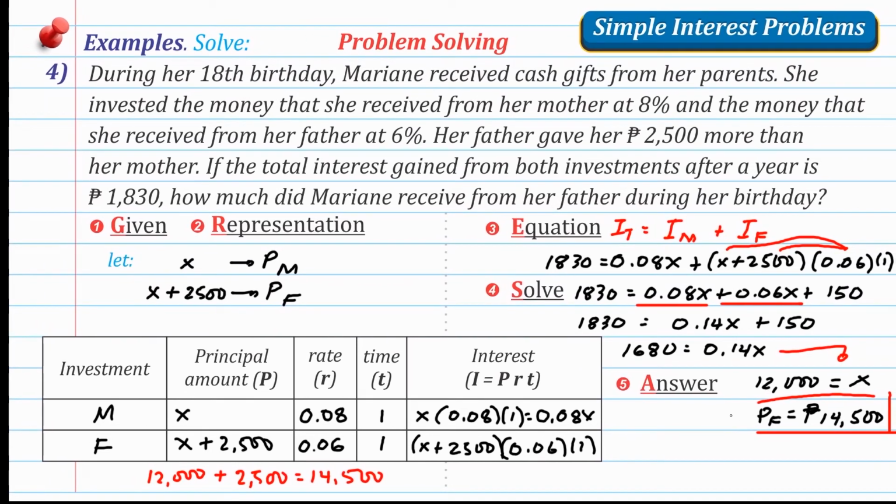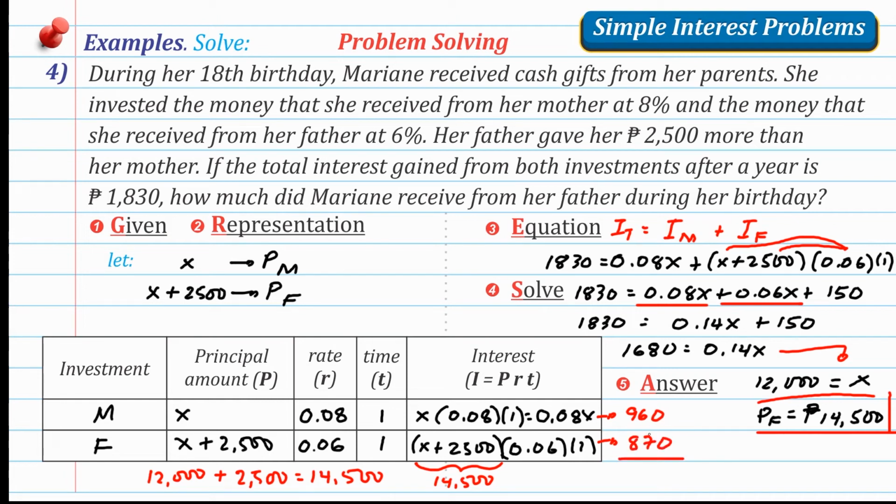Okay, however, we always check kung tama yung sagot natin. Now, how do we check? Substitute the values na binigay sa atin. So, if we know that X is 12,000, solving for the interest ng pera na binigay ng kanyang mom, it's 0.08 times 12,000, it's 960. Do the math. And then, sa kanyang father, it's 14,500, this one, times 0.06, it's 870.